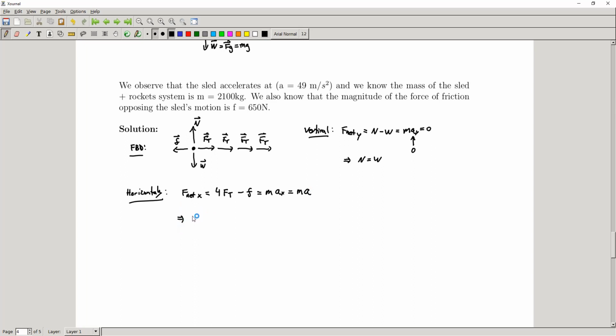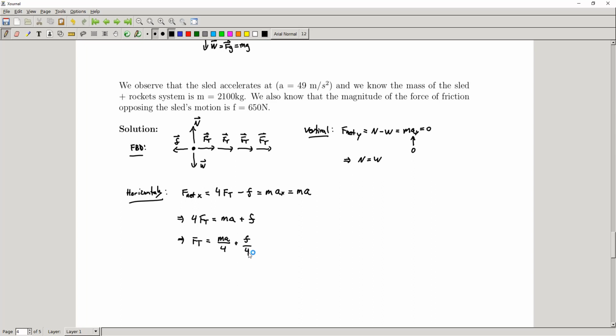Well, I'm going to move this force of friction over to the right hand side, and we're going to end up with 4Ft equals ma plus f, right? And then quite simply, we're just going to divide through by 4, and we're going to find that Ft is equal to ma over 4 plus f over 4, right?